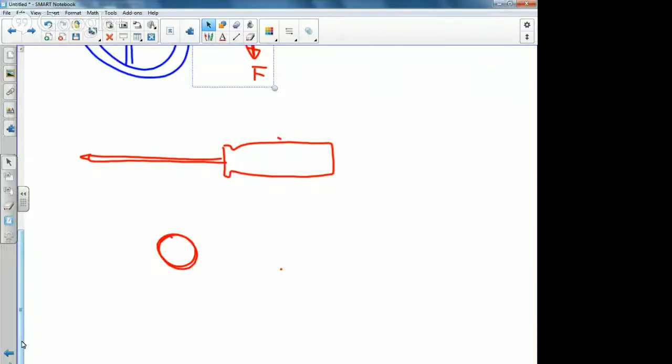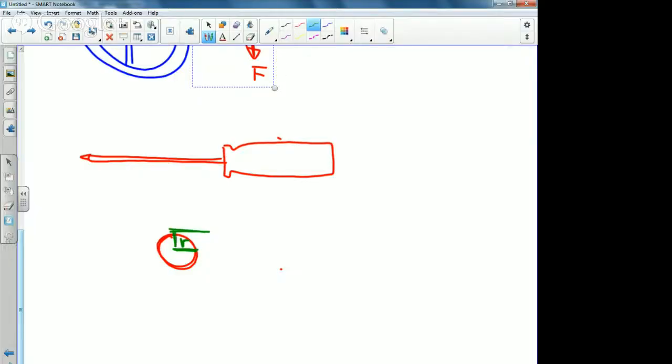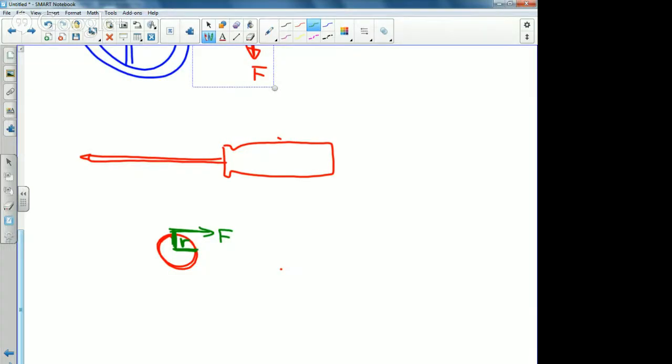When you take a screwdriver and screw things in and out, the best screwdrivers, the ones that are easiest to use, have a larger, thicker handle, because a thicker handle means you have a greater radius to apply your force onto. So there's a radius, there's a force. The amount of torque here is equal to the amount of torque there.